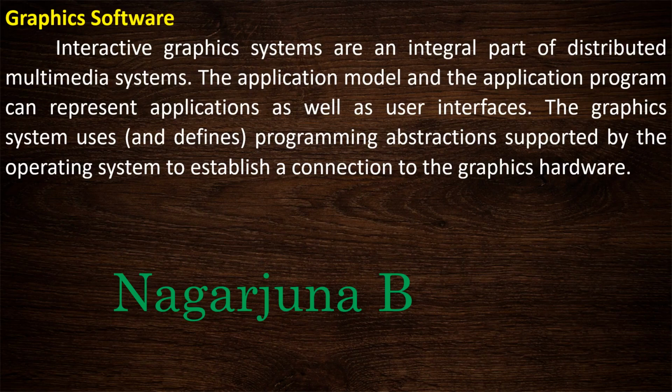In an interactive graphics system, what happens? The application model will be there, along with the application program and the input given by the user, which will have a description of an object. That is the application model, and it will be given to the application program.